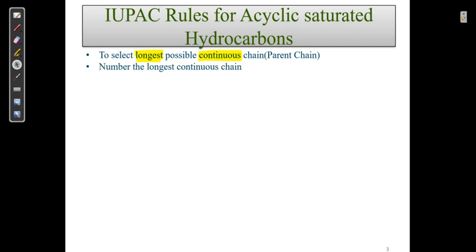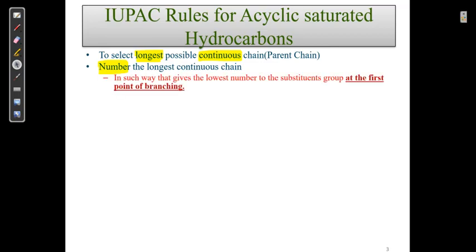Then number the longest continuous chain. We have to give numbers in such a way that the lowest number goes to the substituent group at the first point of branching. So if there is any branch, we have to give the lowest number to it.